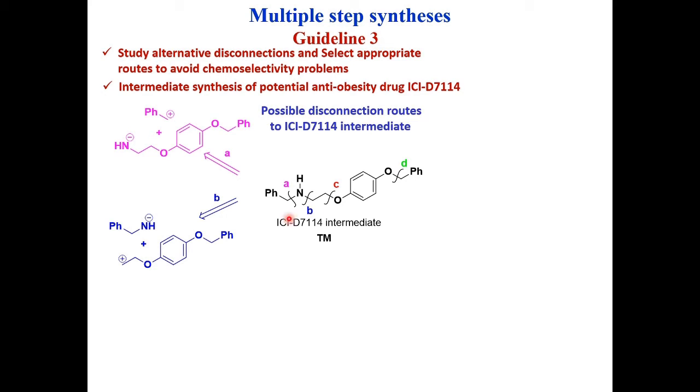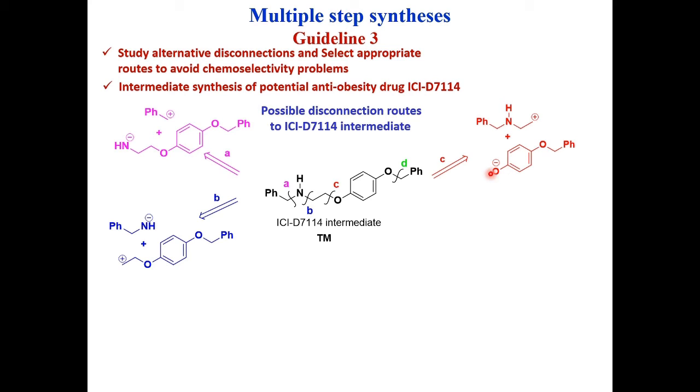So let's have the C cleavage. In this you have a CO linkage. When you cleave this CO bond, you will have these synthons. One carbon has a positive charge, so you can add bromide here and you will get the alkyl bromide, and here the phenoxide ion.